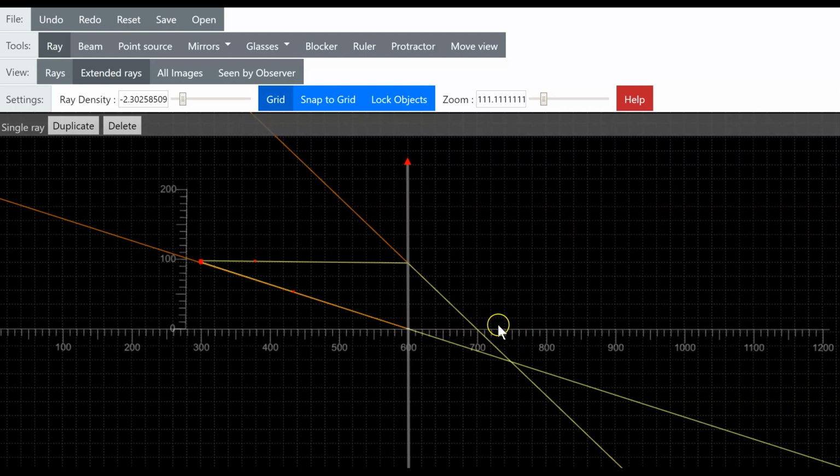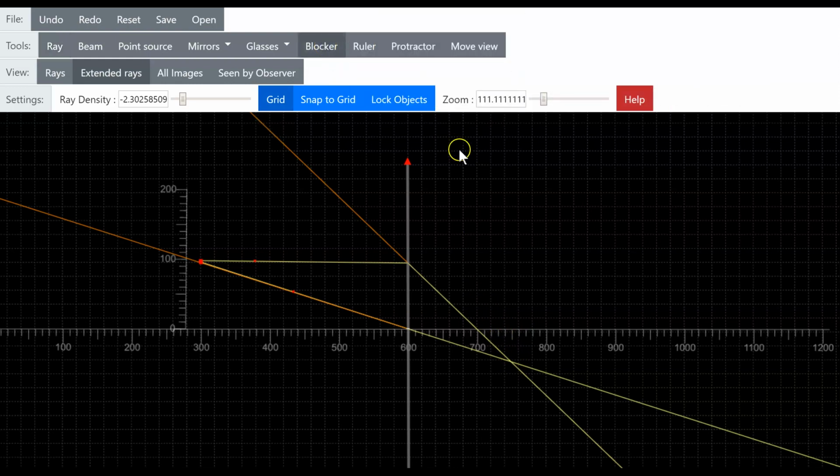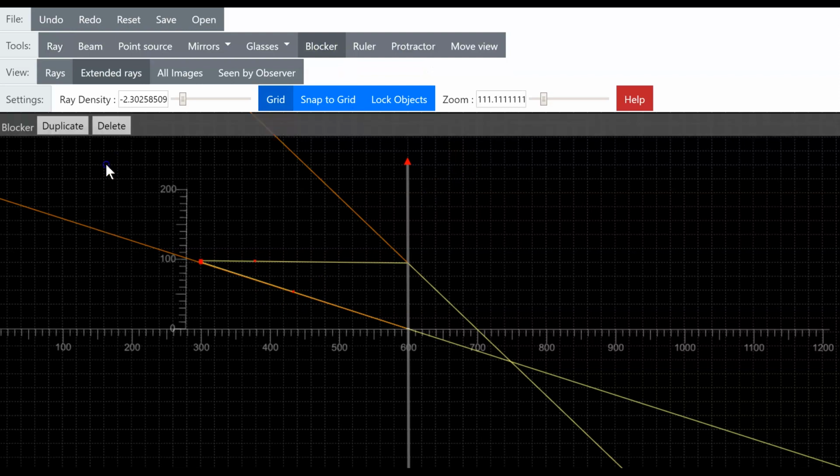where they cross. Now there's this thing called a blocker, and we can use this thing to represent objects. So let's say that this object then is going to have a height of 100 centimeters.